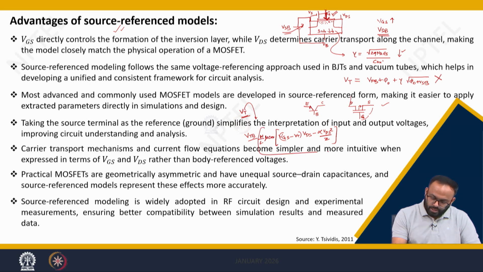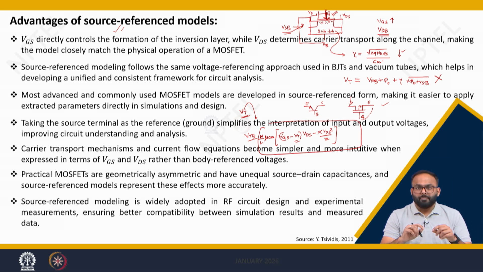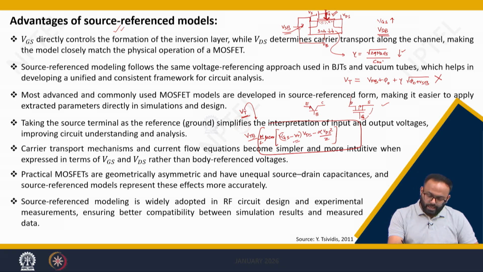This is a current equation where Vt is automatically coming into picture. So if we change the body reference, we need to again define this value in another sense. So the definition of threshold voltage is also well defined in terms of the source reference model.